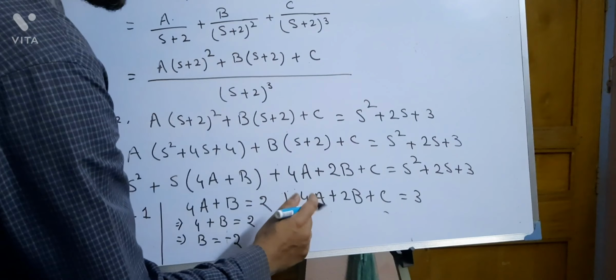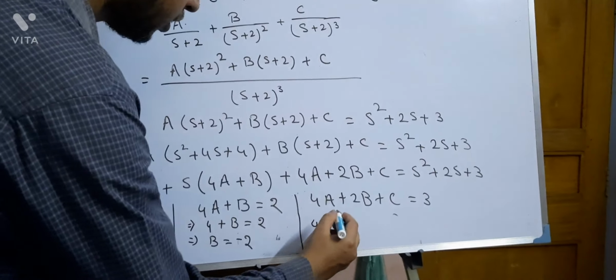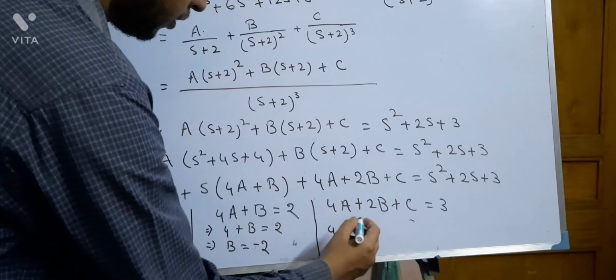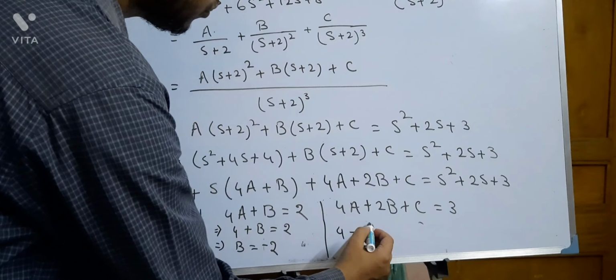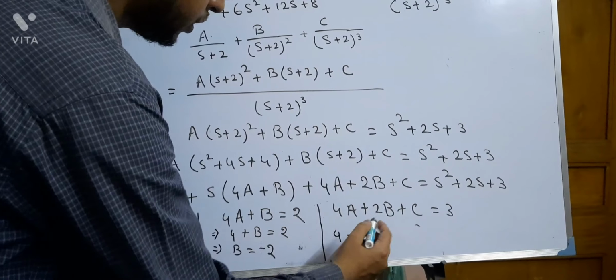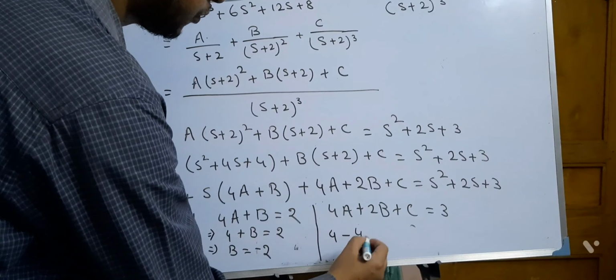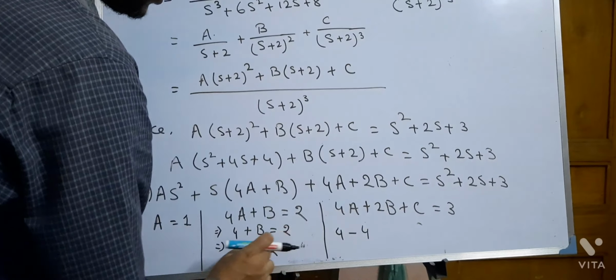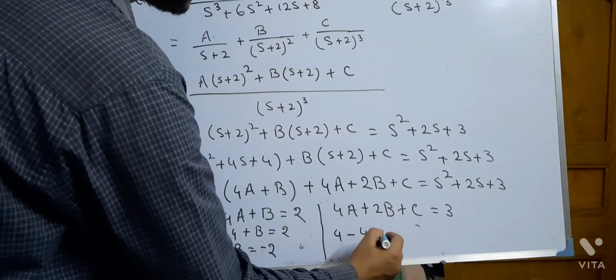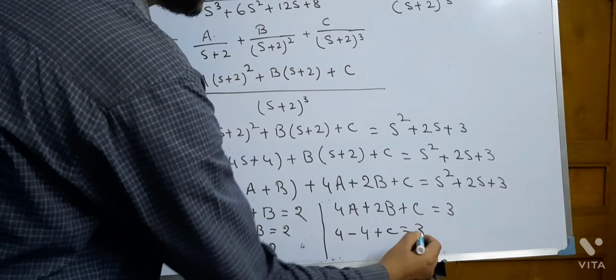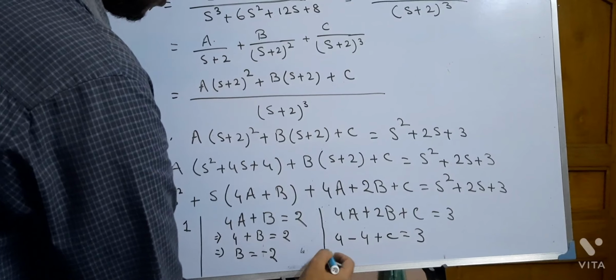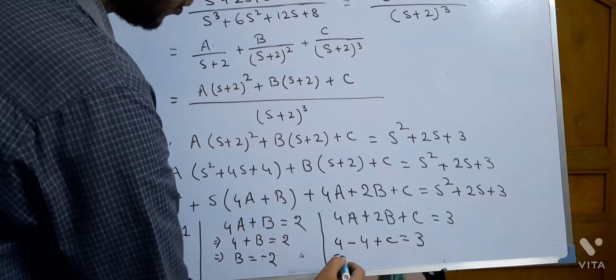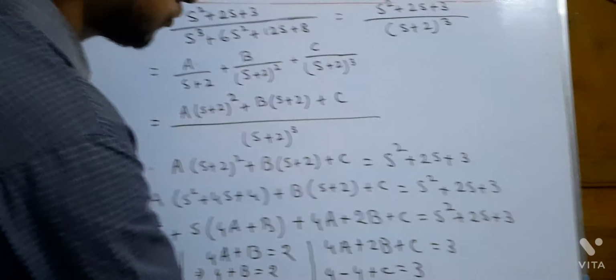Now 4A means 4, and 2B means minus 4, as B equal to minus 2, so 4 minus 4 plus C equal to 3. So C equal to 3.